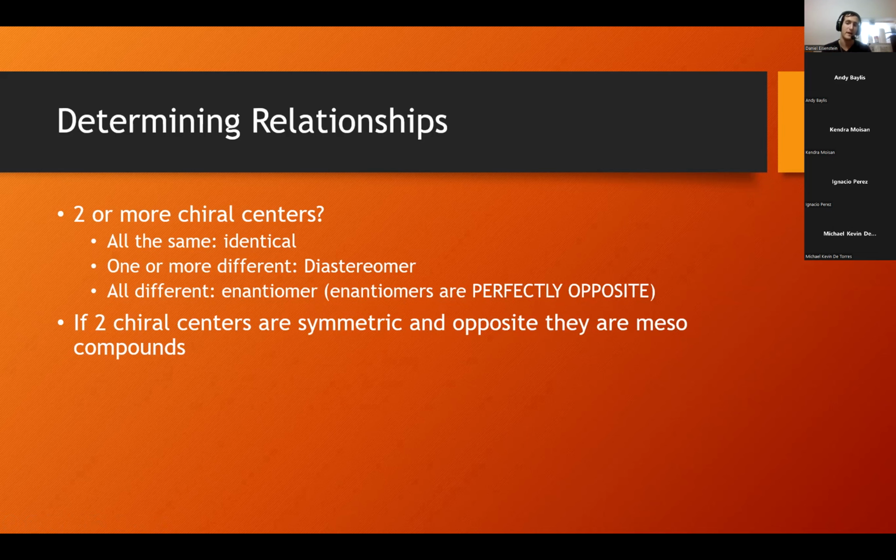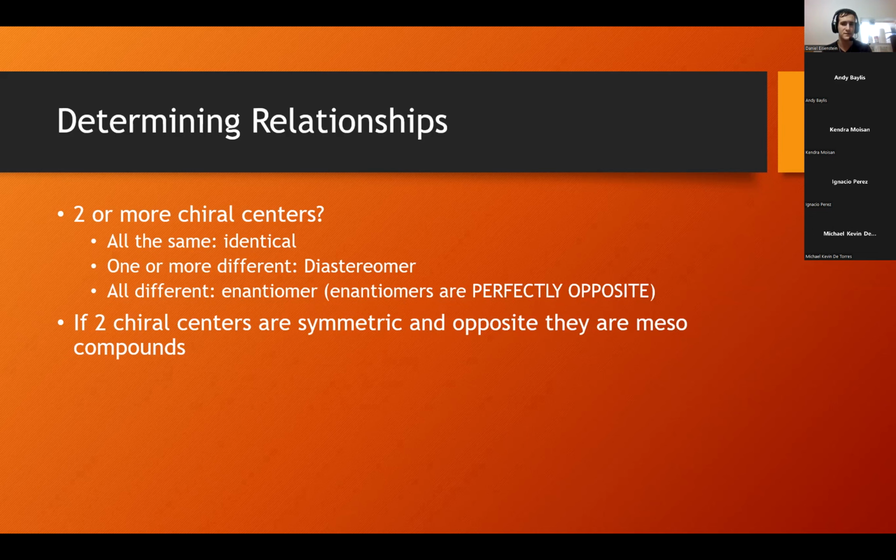So as I'm going through, I have R, R, S on the compound on the left, and on the compound to the right, I have R, S, R or something. R, R, S, and then R, S, R, that works. Some of the chiral centers are different, but not all of them. Therefore, it's a diastereomer, okay?